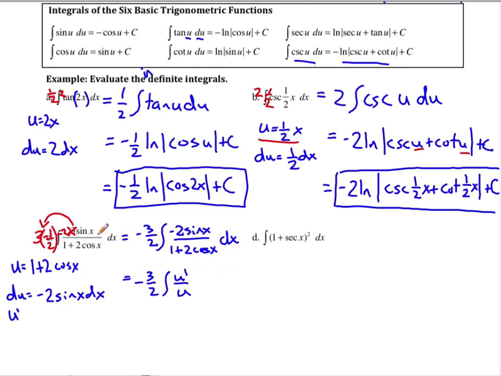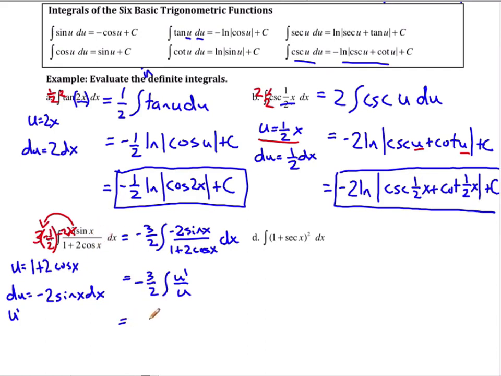So very important, just because you have trig in the problem doesn't necessarily mean you're going to use one of the 6 basic trig functions. You might still be able to use u substitution and have your trig drop out completely. So notice the difference between the two problems. Here we had u inside the tangent function, and here we don't.